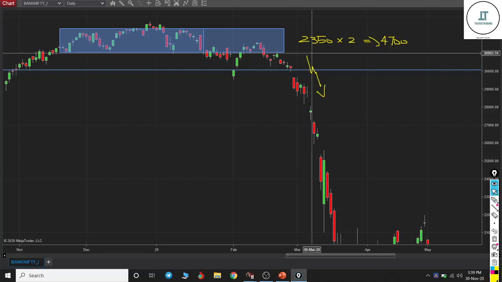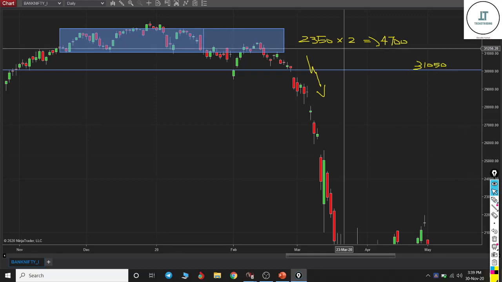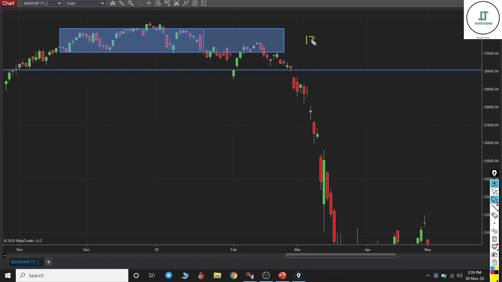Okay, so let's calculate. 31,050 is the lower end of the zone on your right hand side. Just a minute. Sorry, this is 1,350, a small calculation error. This range is 1,350 into 2x, that is 2,700.